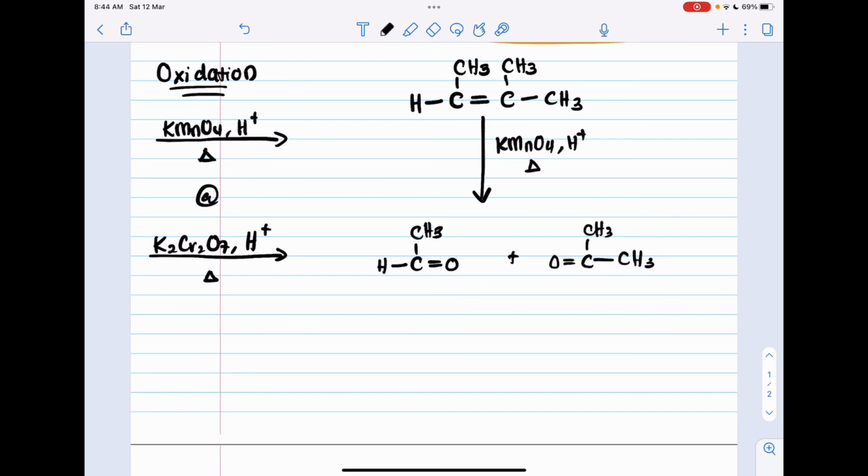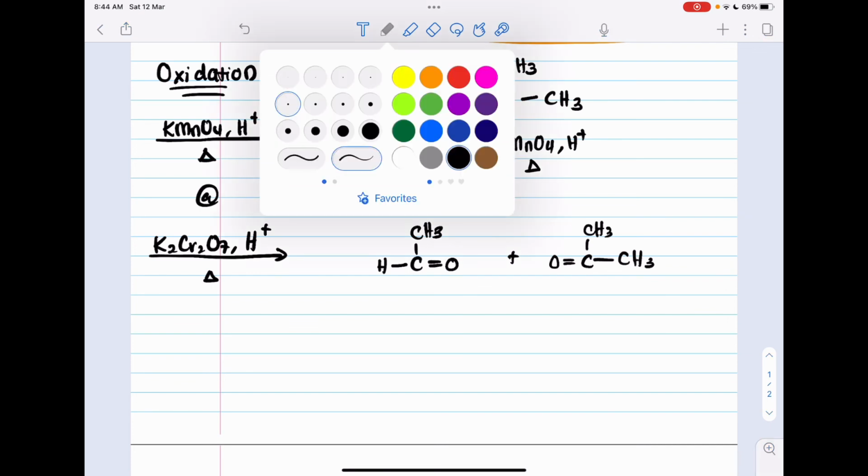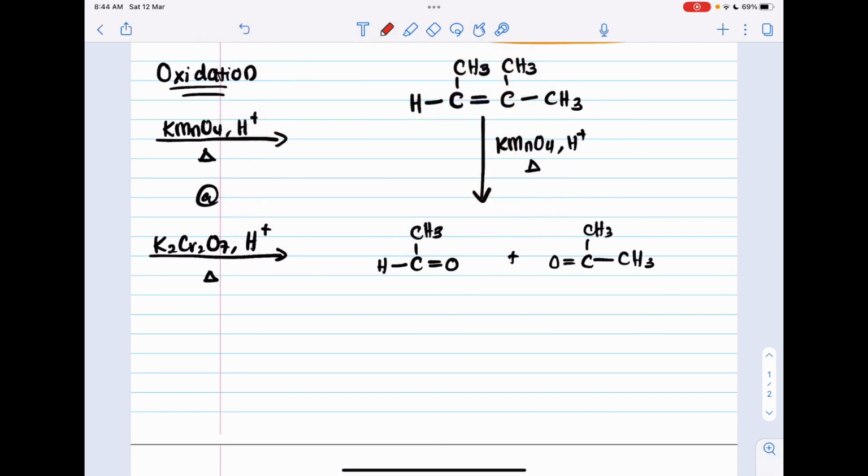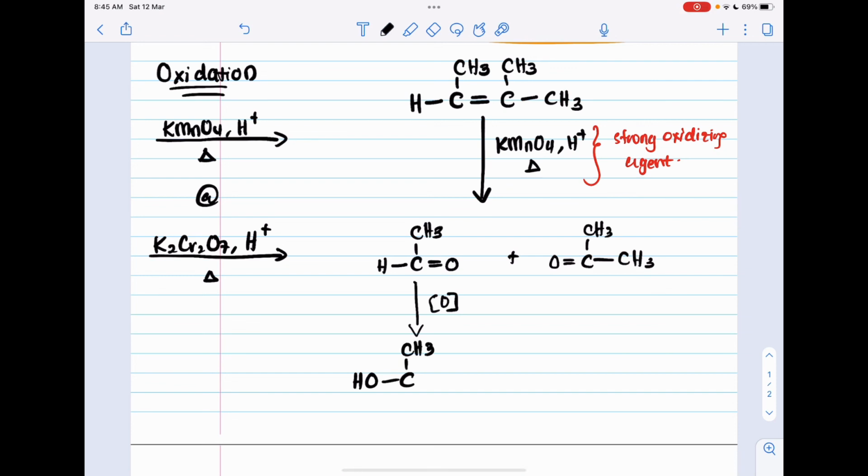But it will not stop there because, like I told you before, this is a strong oxidizing agent. So what will happen here? This structure will undergo further oxidation to produce this.